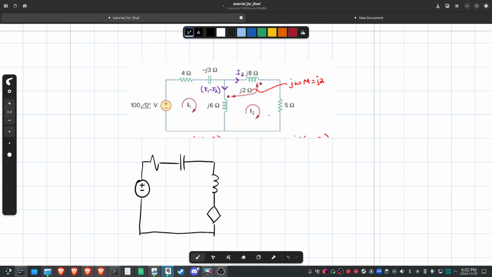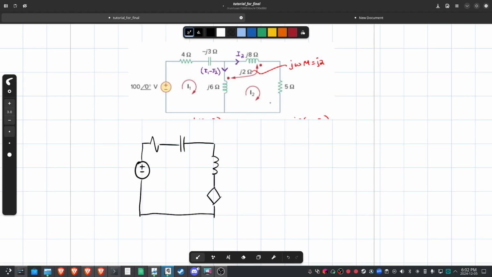The trick you can do, which is very cool, is that you can just bend the circuit. There's nothing wrong with that. It's the same circuit, right? So this is going to be the dot here. We're going to take the circuit and bend it downwards so that now, all of a sudden, they are parallel.